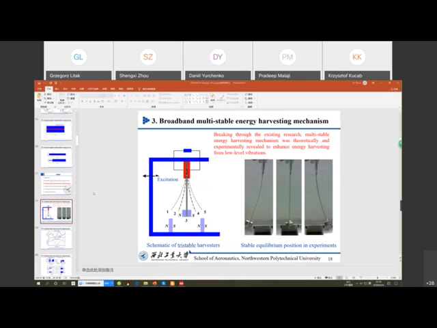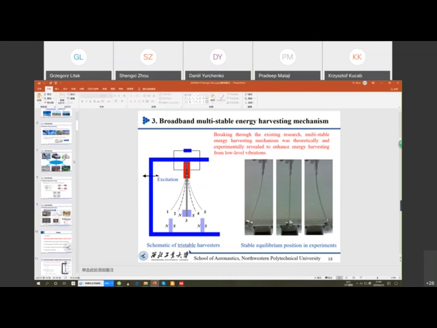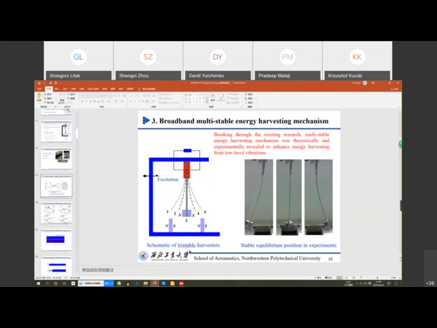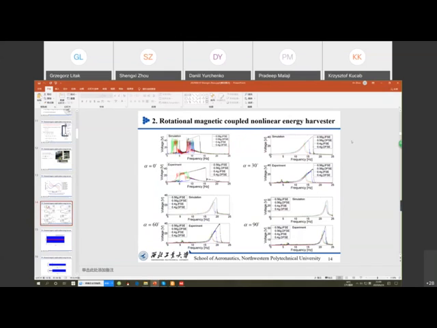In the real world, broadband excitation includes random excitation and harmonic excitation. In my current work, most experiments focus on harmonic excitation.